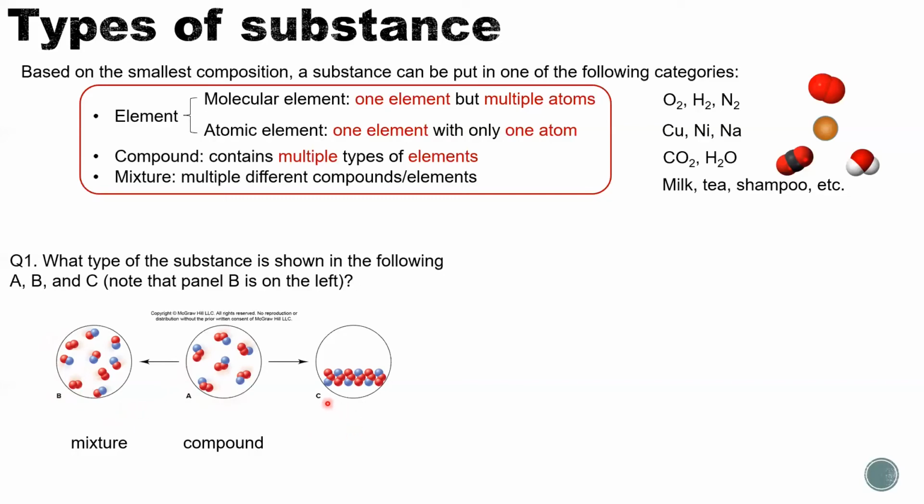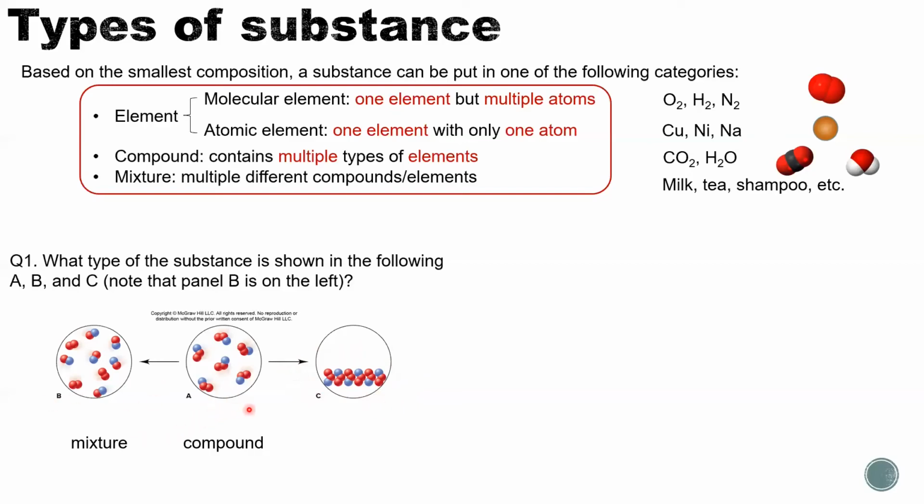Look at C. C looks very condensed and it's like a slab. For this type of schematic, it generally indicates a solid, while A and B are in the gas phase or liquid.